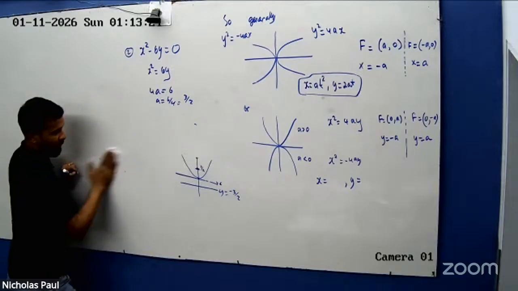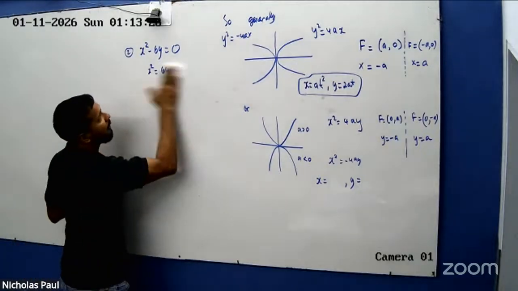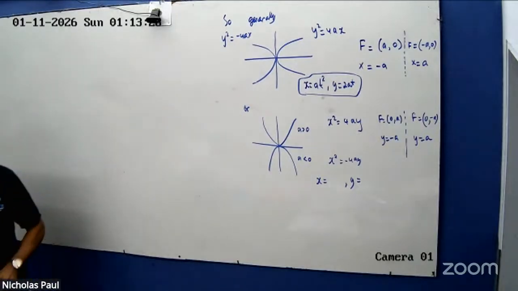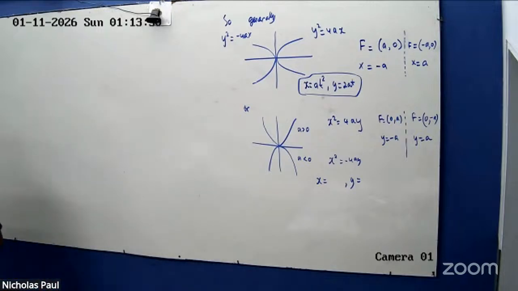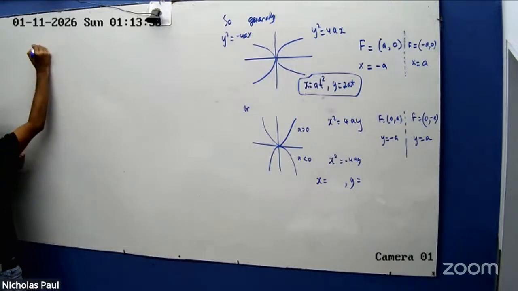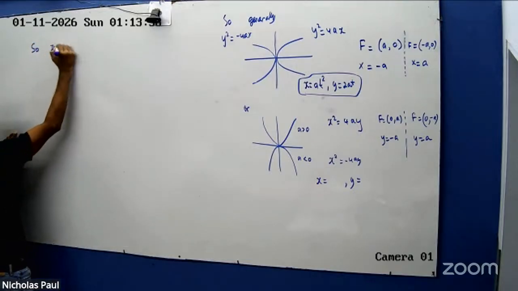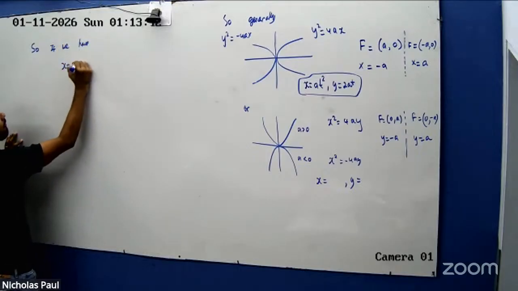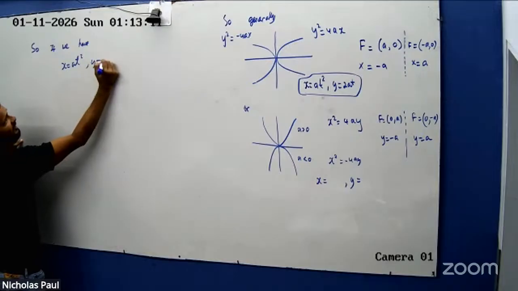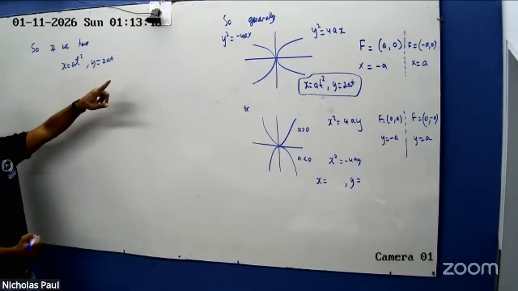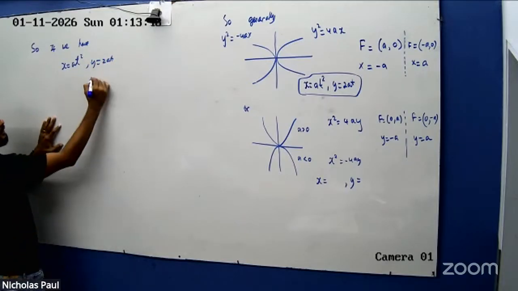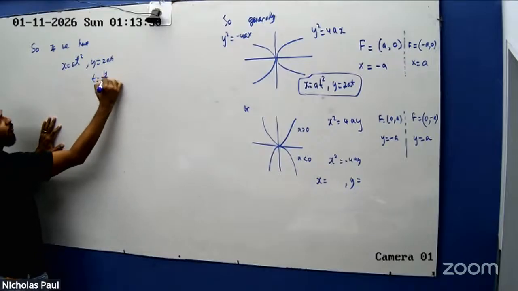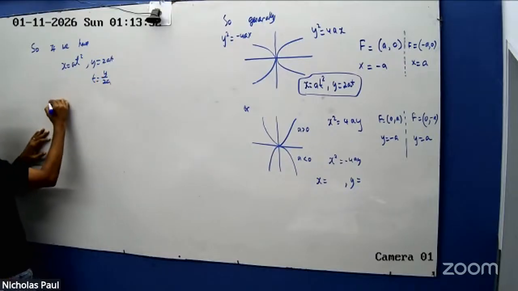Right, so to go from here to the part on top, just make t the subject of the formula. t is y on 2a, and drop it in here.